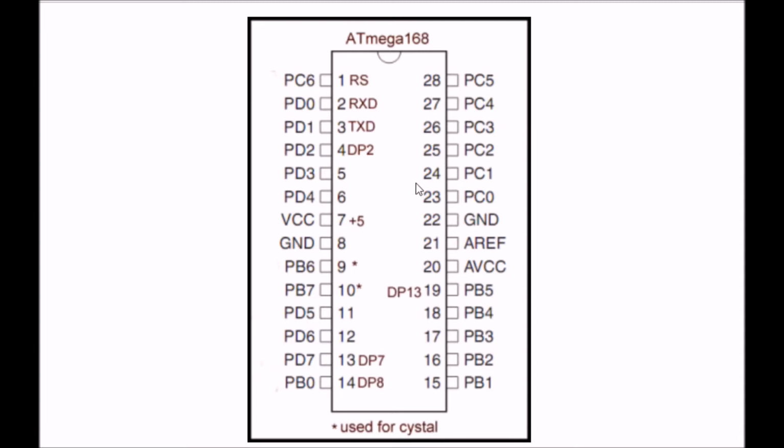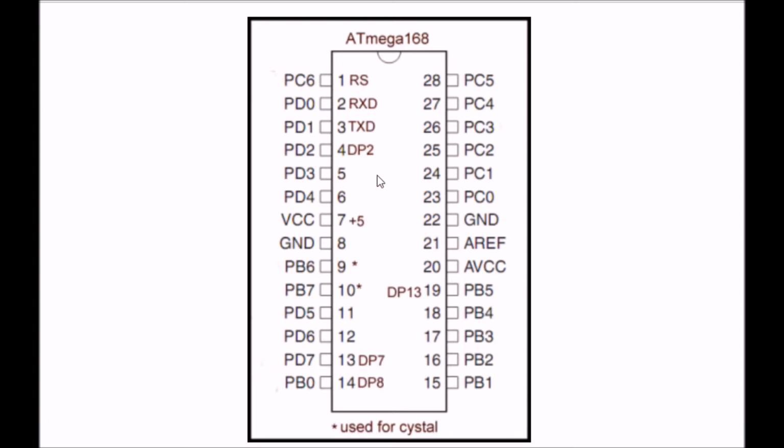For most of my little demos here on my gadget board, I use digital pin 2 and digital pin 3, which is PD2 and PD3, as inputs. That is, I go to the associated data direction register and make sure that they are set to 0.